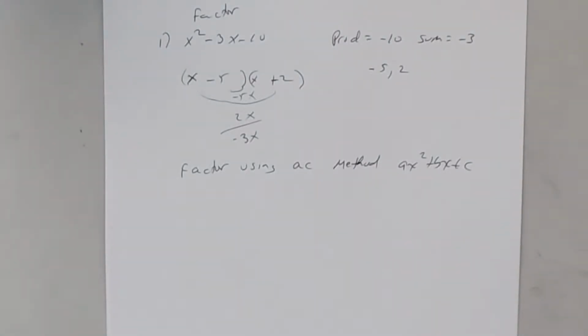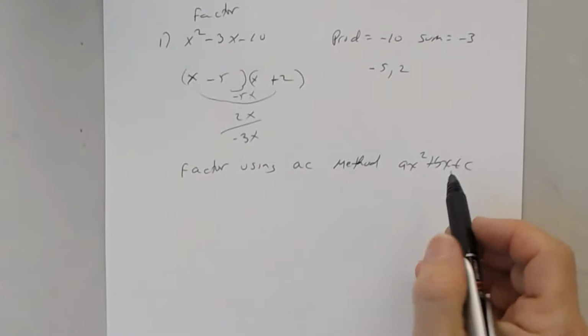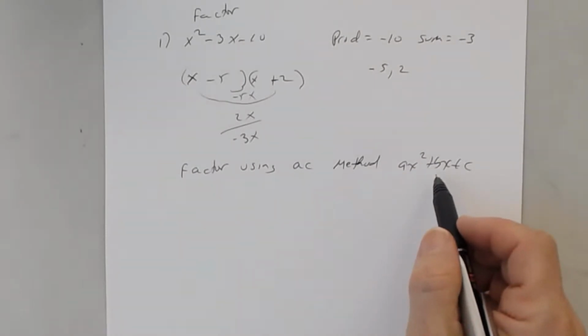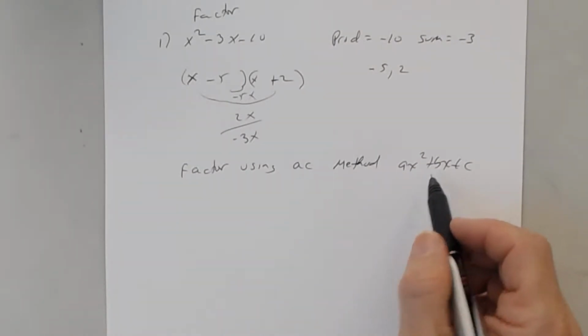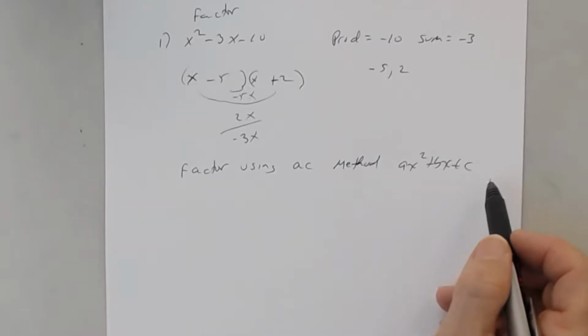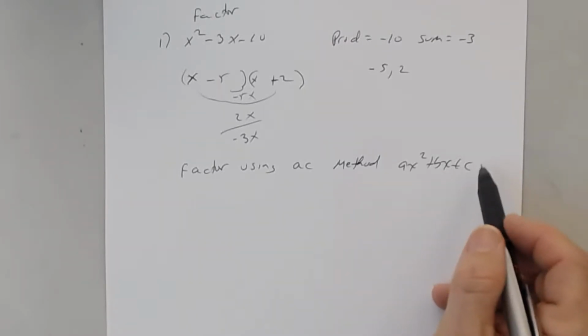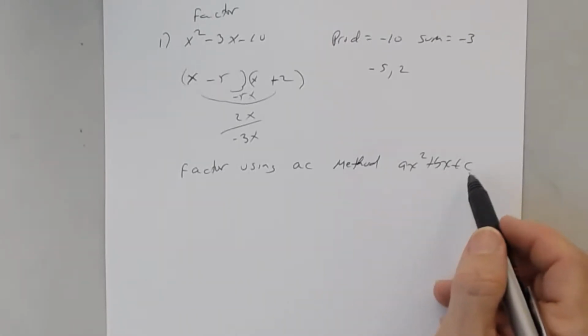Notice that the a I'm referring to is the coefficient of x squared. The b is the coefficient of x, and the c is your constant. If there's no variable attached with it, it's a constant. It's always going to be c.